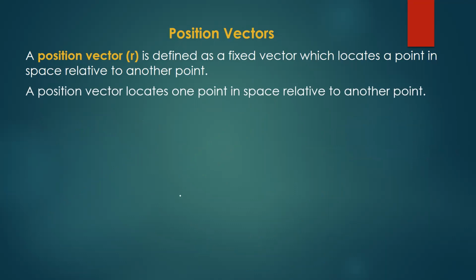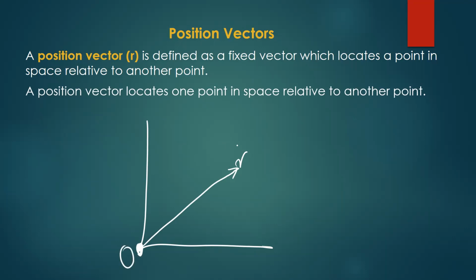So what I mean is that if you have the vectors I was drawing here, let me draw one. If you have a vector in space, if this is our position vector R, this is just a fixed vector which locates a point in space relative to another point, so relative to the point O. So a position vector locates one point in space relative to another point.